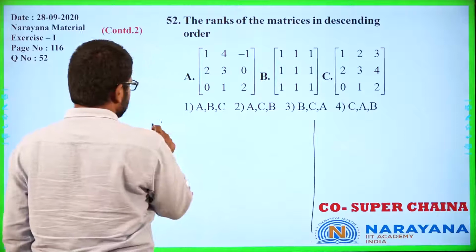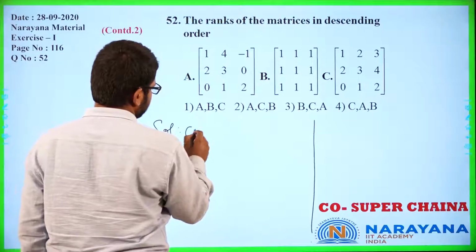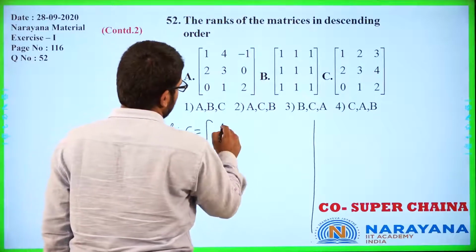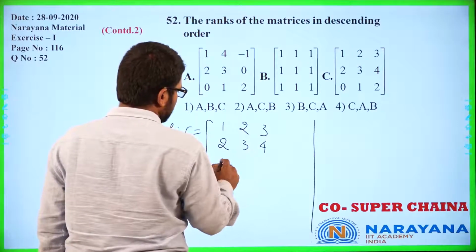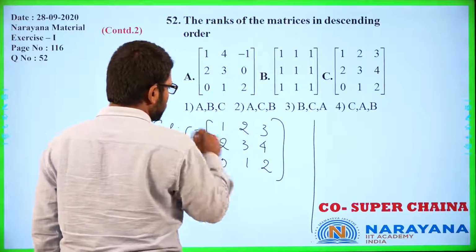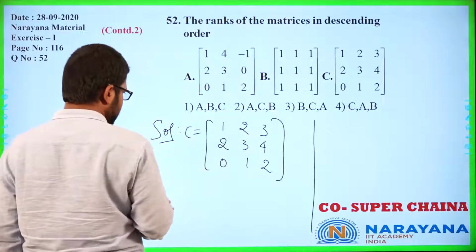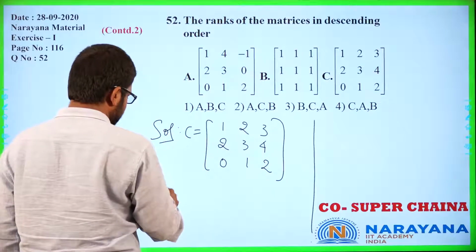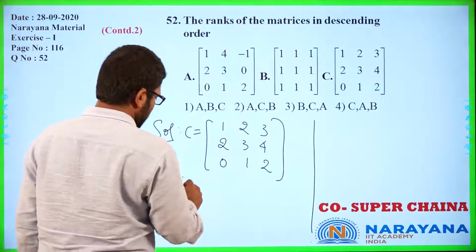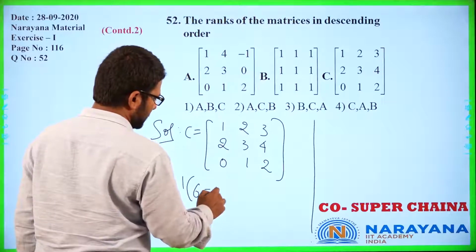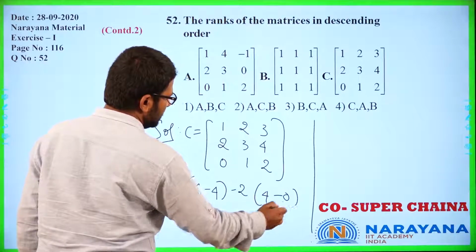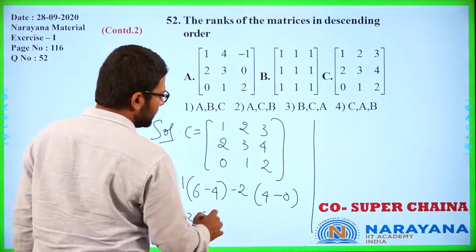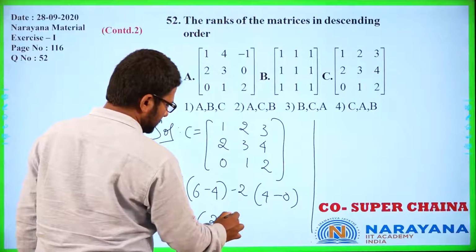What about matrix C? 1, 2, 3, 2, 3, 4, 0, 1, 2. Alright. Mod C: 1 into 6 minus 4, minus 2 into 4 minus 0, plus 3 into 2 minus 0.